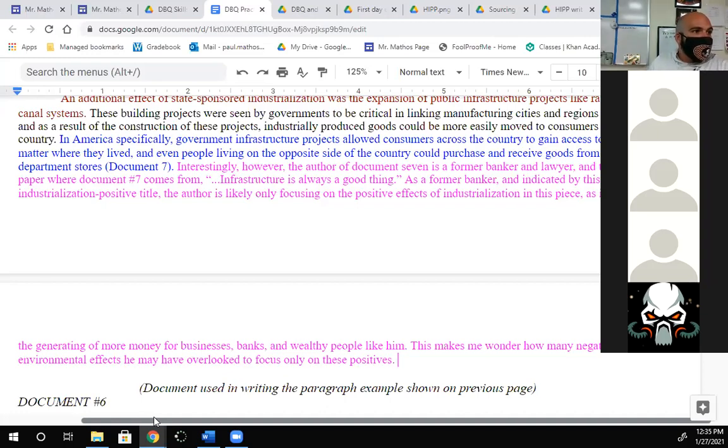The deeper you can go with your analysis, I'm not saying you got to write a book on it, but the better. It shows that you are able to fully analyze this document. You can choose any one of them. So I think this is kind of caught between point of view and purpose.